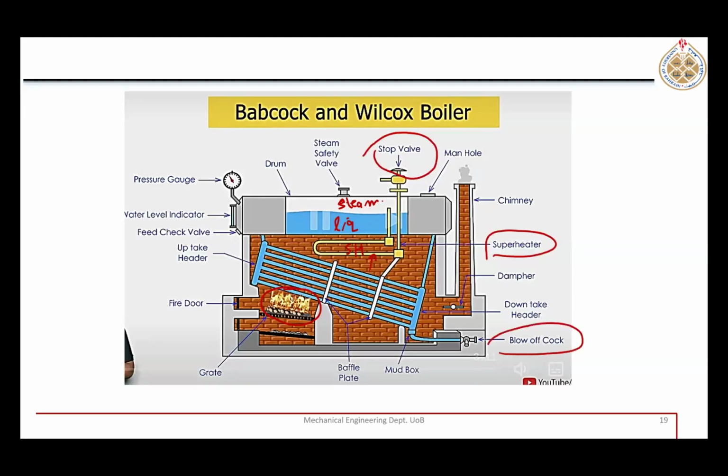Blow off cock to clean whatever mud and impurities are collected. Those can be taken out from this part, from the bottom. Here is the chimney, all those combustion gases which are flowing like this will leave from that chimney.